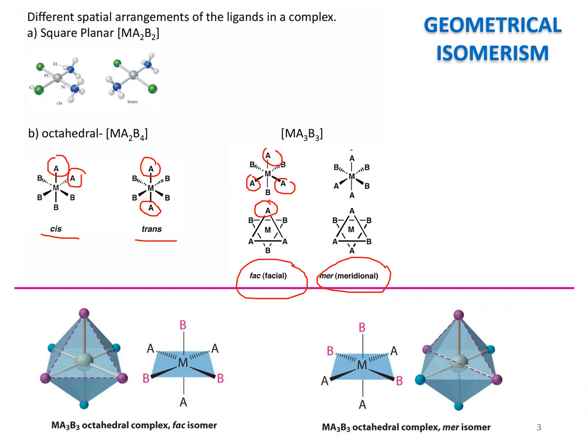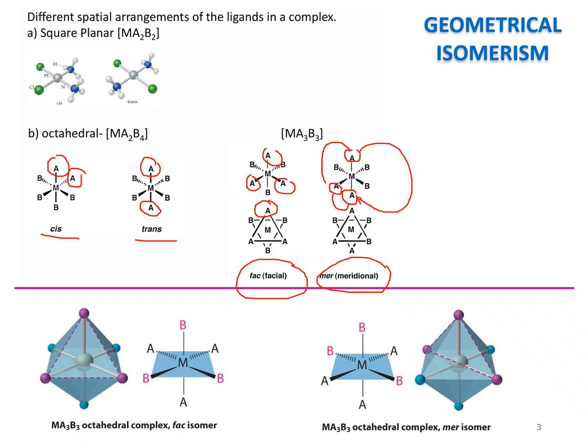And if the A ligands show two 90-degree and one 180-degree separation, so this A and that A are 90 degrees away, and this A and that A are 90 degrees away, while this and this are 180 degrees.